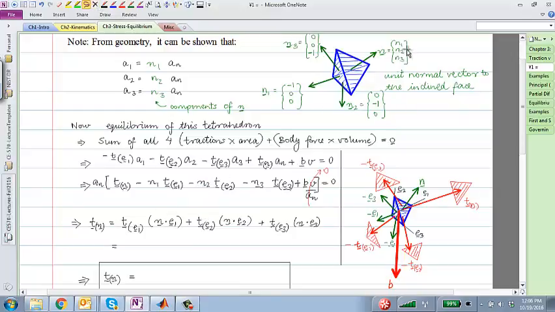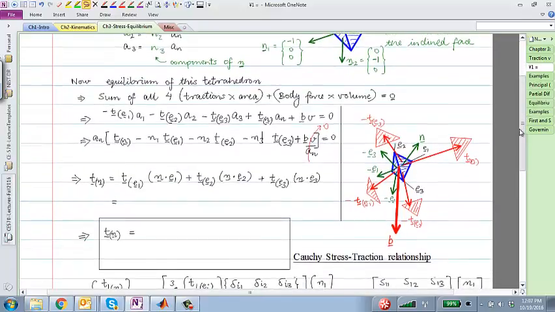N2 is the second component of the unit normal to this inclined face. That unit normal can be obtained with the vector n dot with E2, similarly n dot with E3, and this E should also not be a vector, it's a scalar. So this just seems like a lot of algebra right now, but we'll come to something that resembles a stress tensor in a little bit.